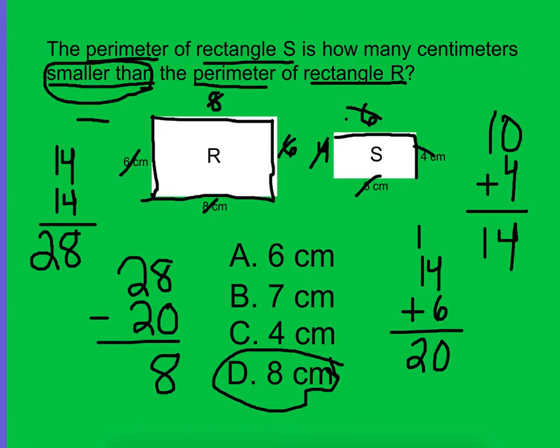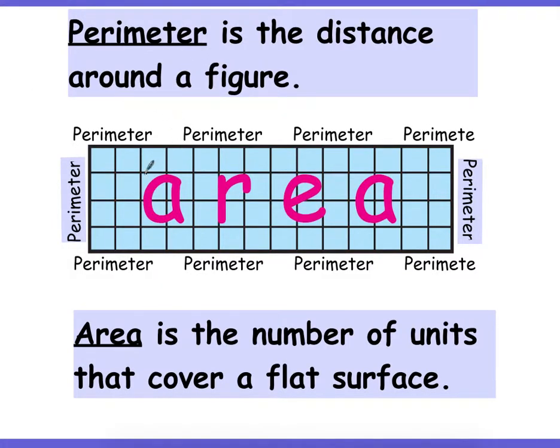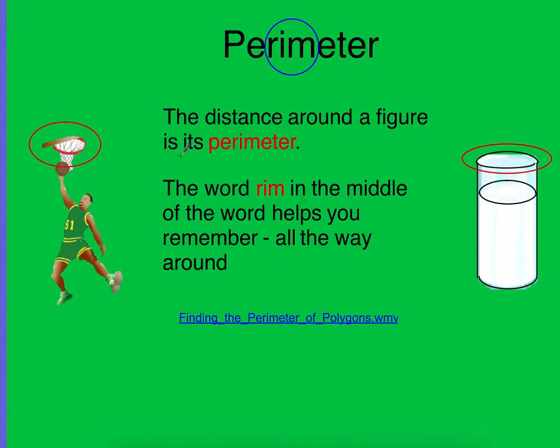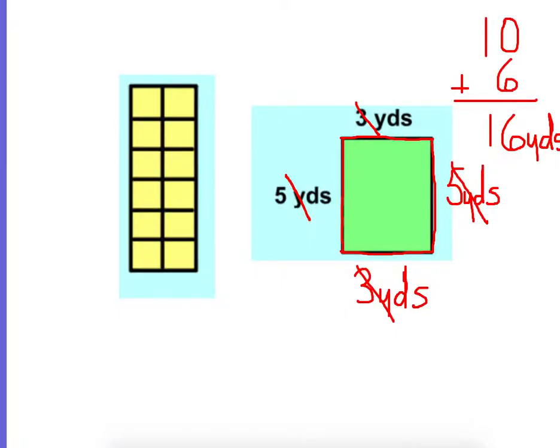Going back really quickly, perimeter is around the outside of a 2D figure. There's around the rim. Think about the rim of a basketball hoop or the rim of a glass or a cup. And two ways we can see it would be with the boxes, and then we just think of chairs at a table, counting around each one. Or here, and of course you have to go all the way around.